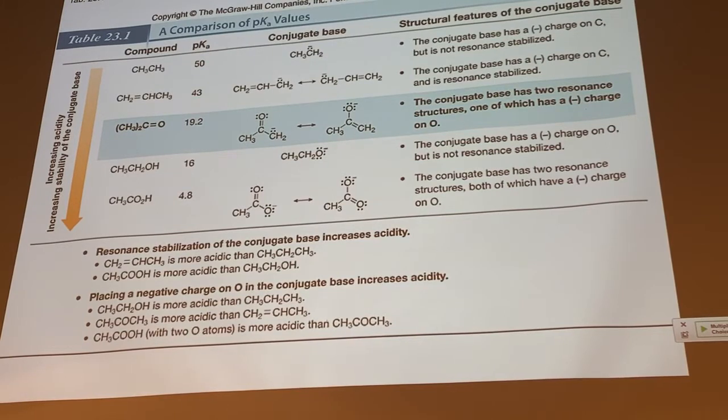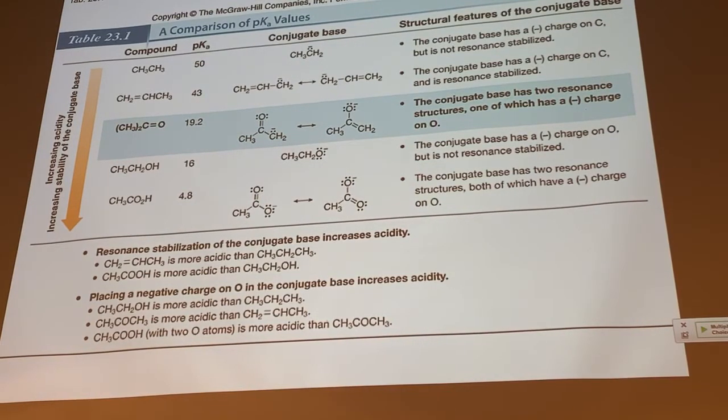Okay? It's not quite as acidic as ethanol. The conjugate base of ethanol is not resonance stabilized, but we've deprotonated an oxygen to make the conjugate base of ethanol, whereas we've deprotonated a carbon to make our enolate. And so there's an element effect. We go back to chapter 2.